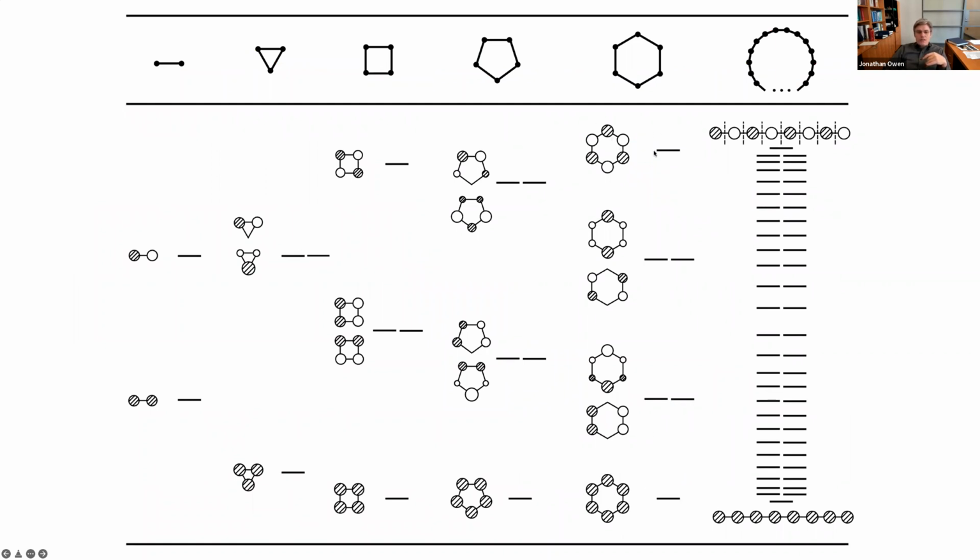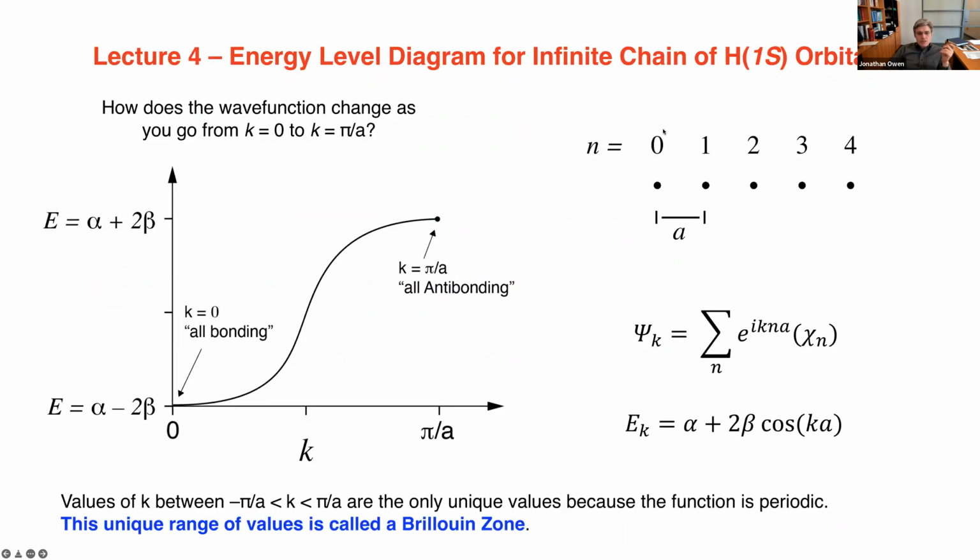And then the all anti-bonding combination, k equals pi over a. So the energies of these levels here are illustrated using this alpha and beta terminology. So in an aromatic system, we've got alpha minus 2 beta here at the bottom. The all anti-bonding combination is alpha plus 2 beta.